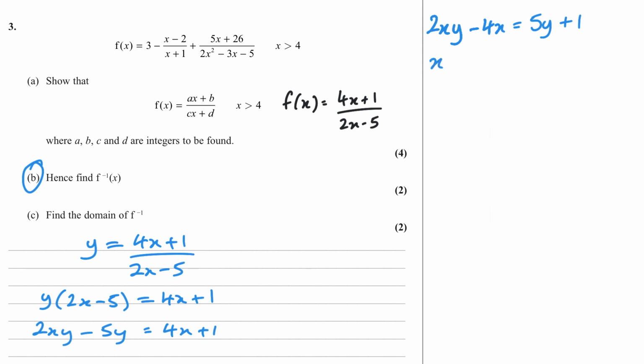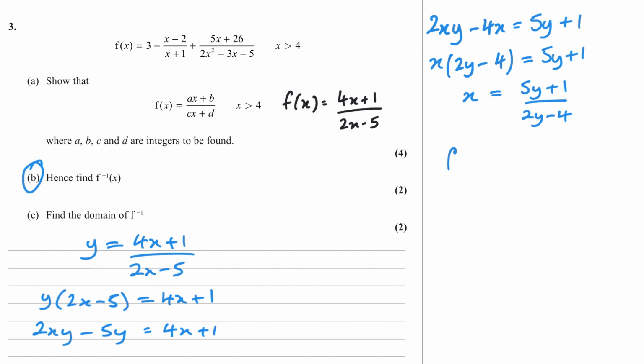Factorize out my x, gives me 2y minus 4. Now, some of you might be thinking, why haven't I factorized out the 2 as well? Well, I don't want to, I just need the x. I have to only have the x, so factorizing out the 2 doesn't actually help me. Now divide by this bracket, so I get (5y plus 1) over (2y minus 4), and then we are done.